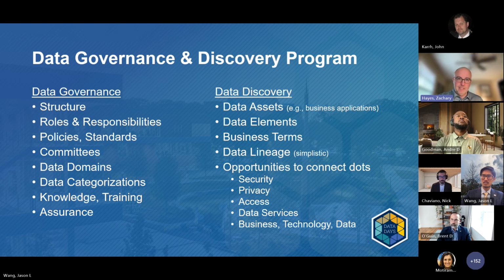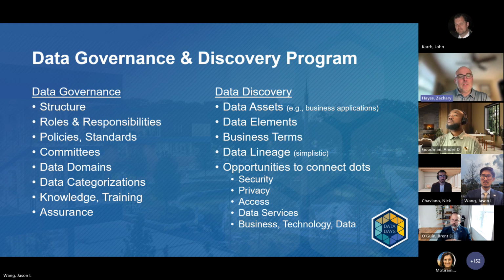This is creating these structures that I've just reviewed: defining roles and responsibilities, creating the policies and standards that the Institute needs, and committees that bring folks together to make the policies, standards, and decisions that we need across the enterprise.